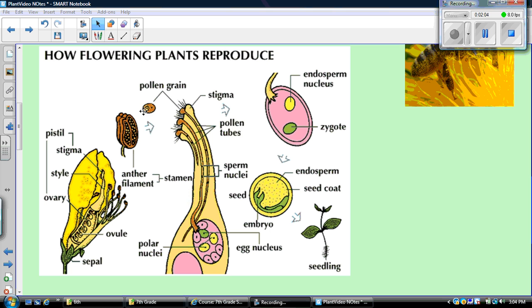Okay, that pollen grain gets released into the air from this plant, and it lands on the stigma, which is the female part of another plant. So these are two different plants.